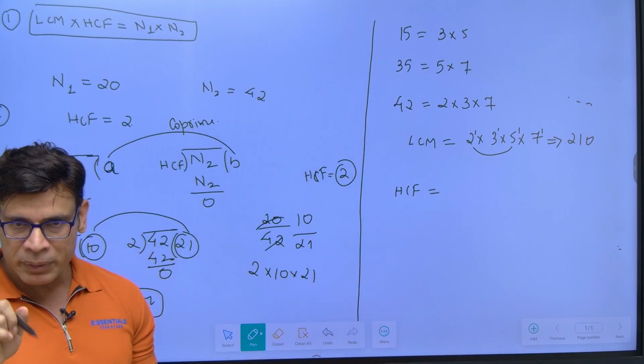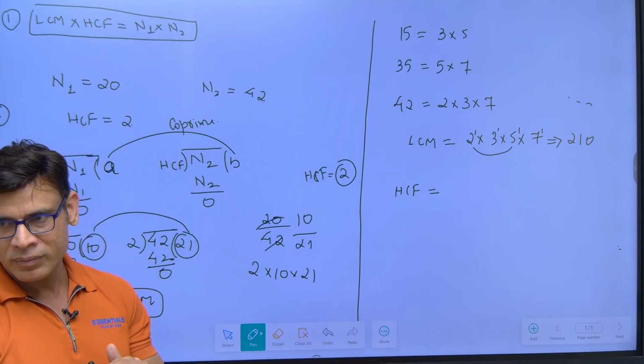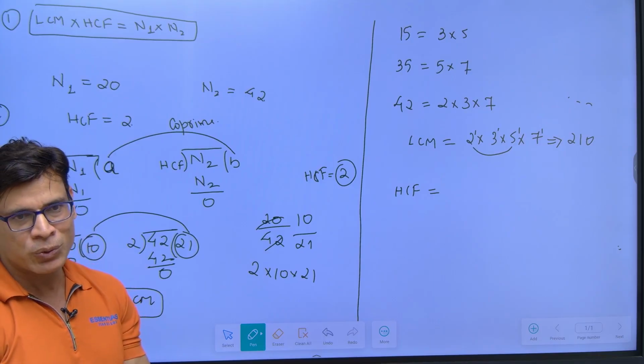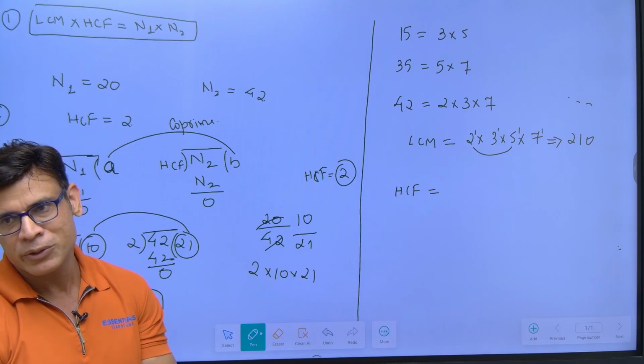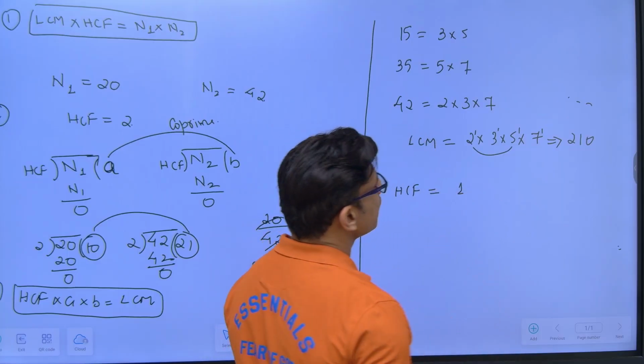Only the common prime factors. Is 3 common in all? No. Is 5 common in all? No. Is 2 common in all? No. Nothing is common, right? When nothing is common, therefore HCF is what? 1.